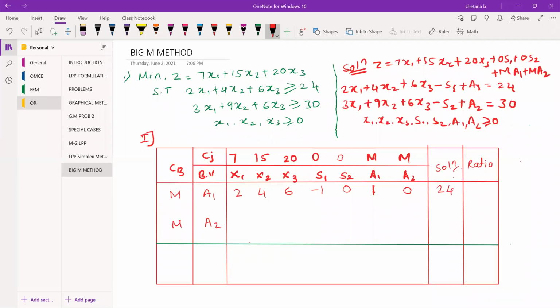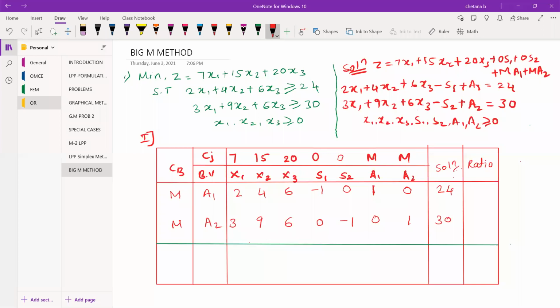For the second constraint, 3, 9, 6, 0, -1, 0, 1, 30. So this is whatever we have in Z and the constraint equations, that is equalities, that you need to represent in the table.